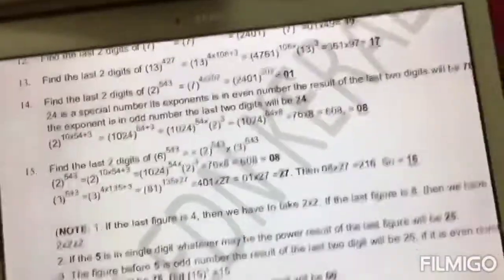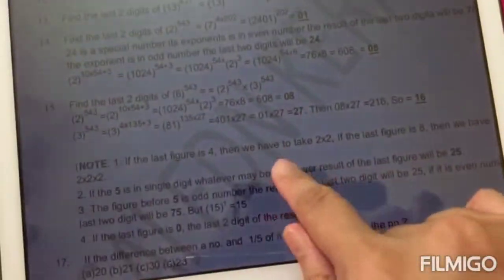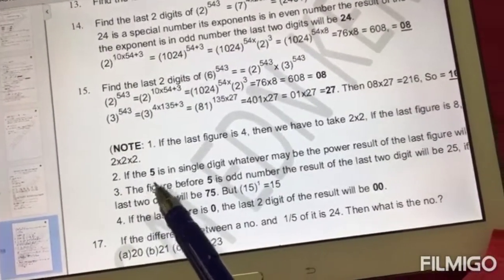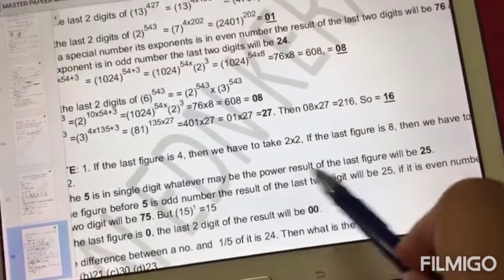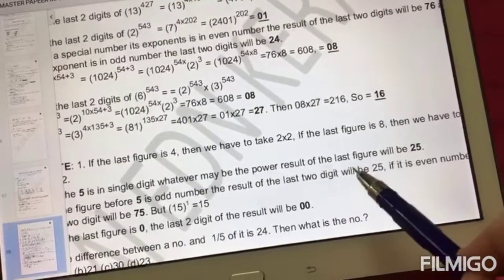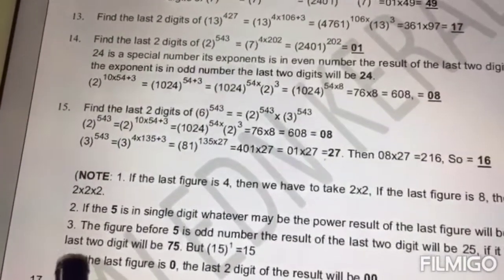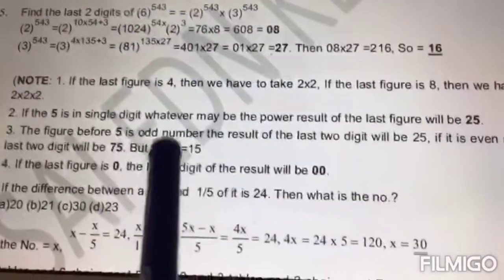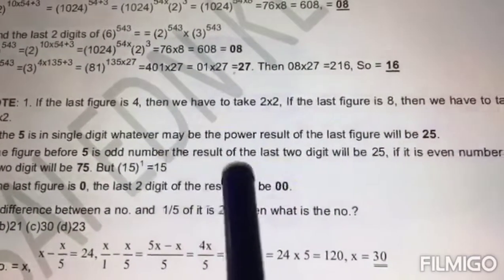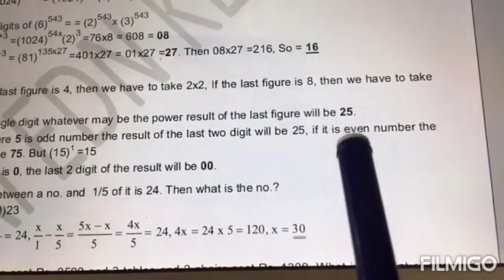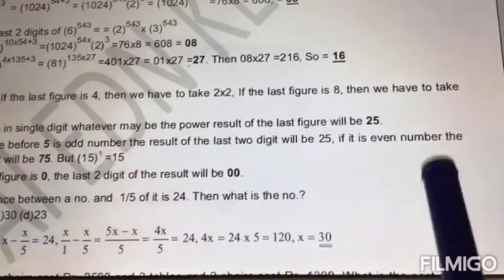So if the last figure of any number is 4, then you have to follow this principle. If the last figure is 5, then whatever be the power, the last 2 digits will be 25 if the figure before 5 is an odd number. If the number before 5 is an even number, then the last 2 digits will be 75.